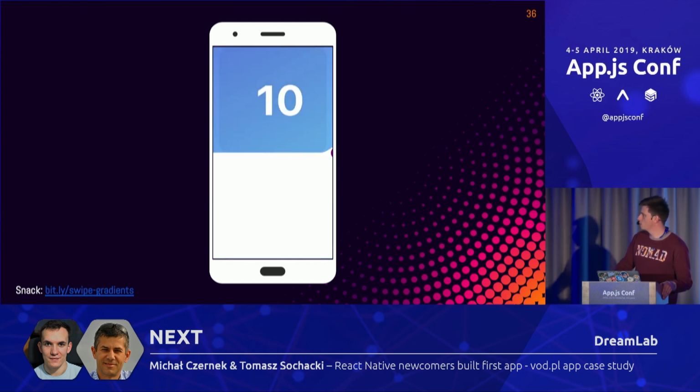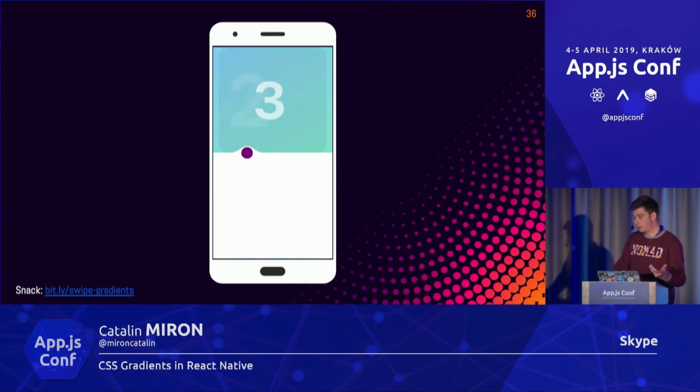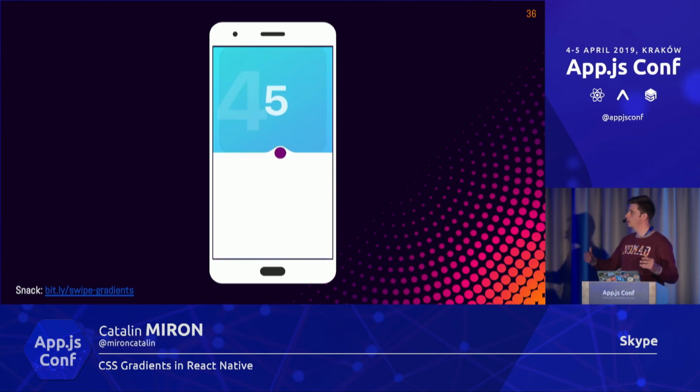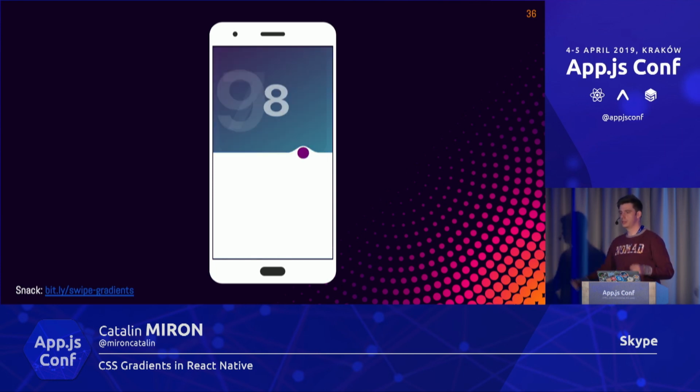After William posted a video on YouTube, a follower of his was asking, hey, is it possible to create this in React Native? And yes, it's possible. And how this is achieved is I'm using the PopMotion library that is also able to create a timeline for multiple linear gradients.